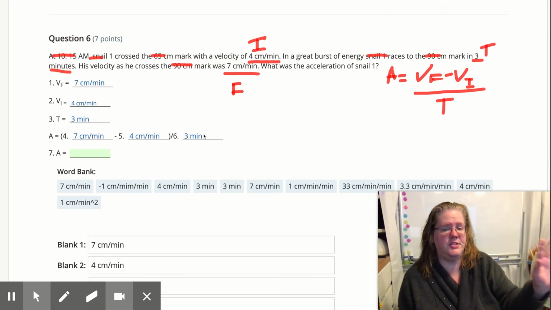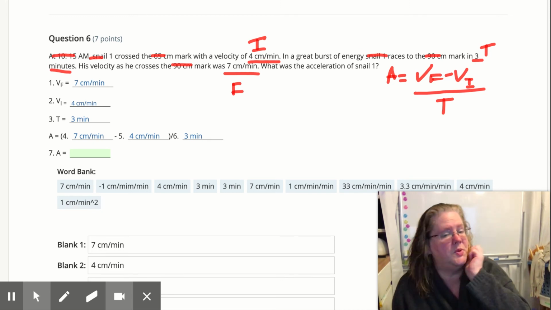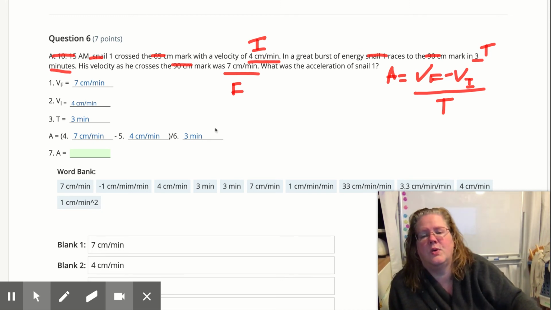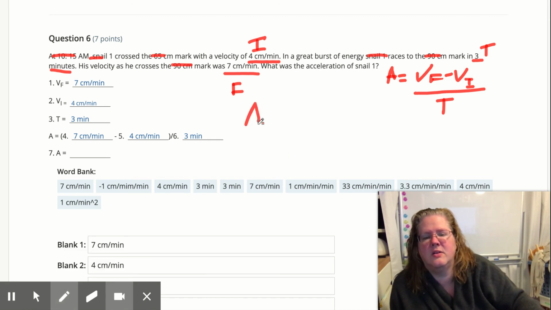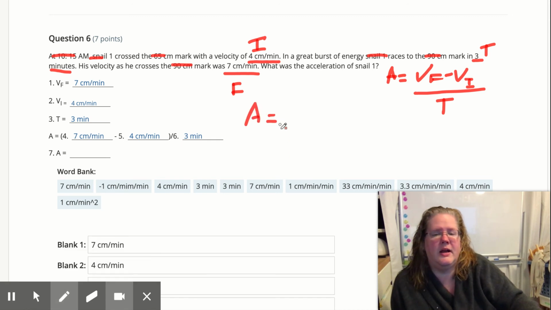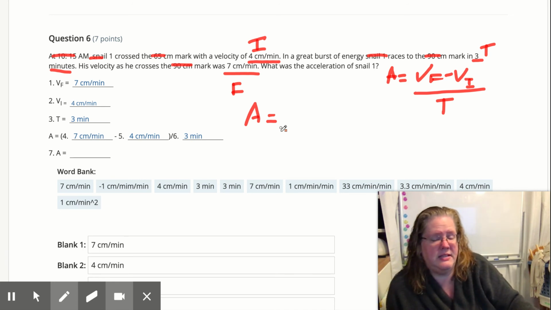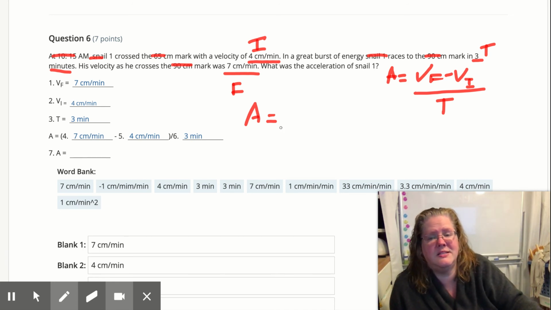Now all we have left to do is plug it into a calculator and figure it out. So let's write it down. We have acceleration. Remember, I'm a stickler about this. If you're sending this in to me, I would expect to see A equals, and I expect to see units. 7 centimeters per minute.